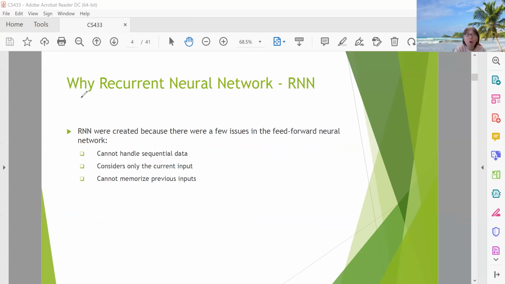Next, let's see why we need a recurrent neural network. The reason behind it is that the previous neural network is a feed forward, and feed forward cannot handle sequential data well. Sequential data means your data set depends on time.